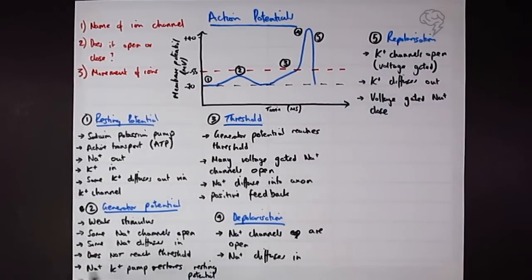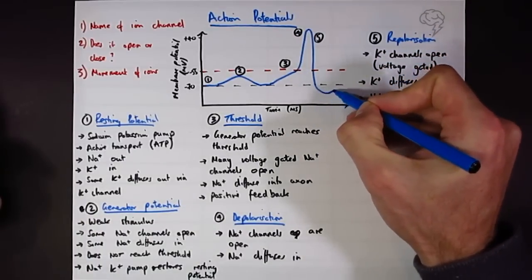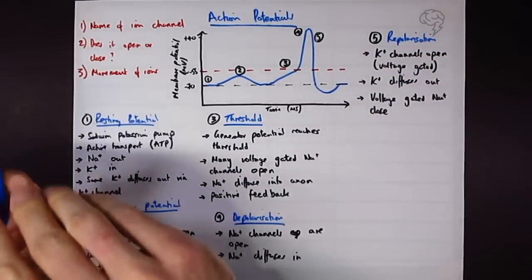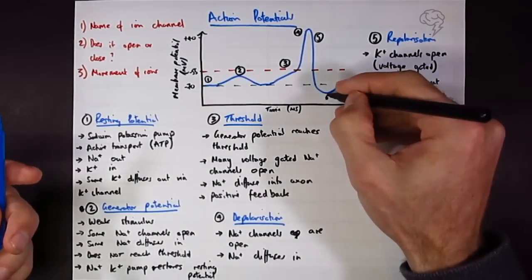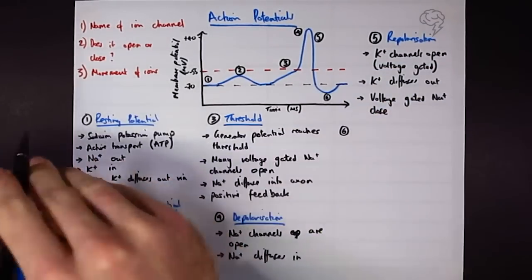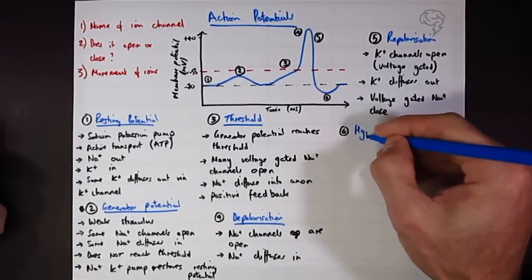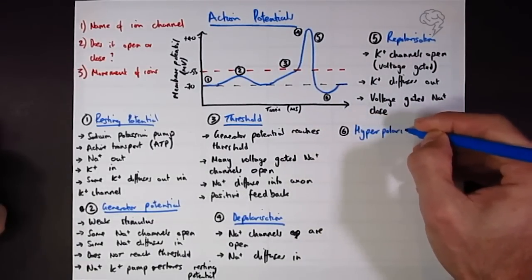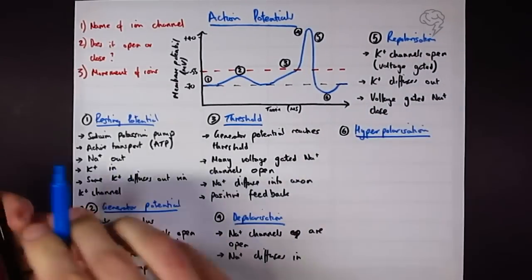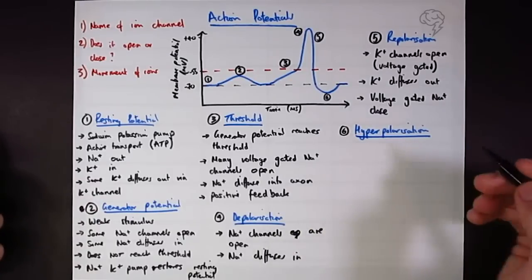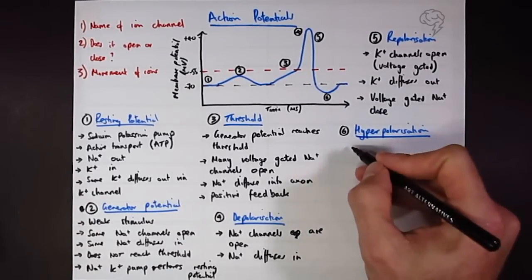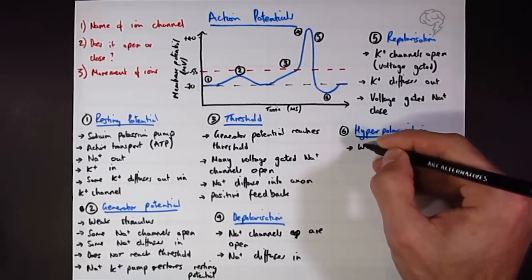Okay, so we've returned to our resting potential, but what actually happens is we get this overshoot. We get this more than normal polarization, which is going to be number 6, and number 6 is called hyperpolarization. Well, basically, this is when the membrane potential is more negative than the resting potential.